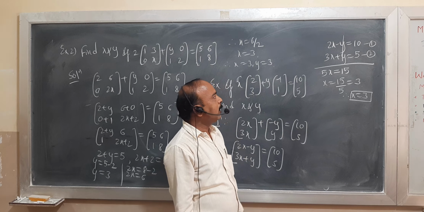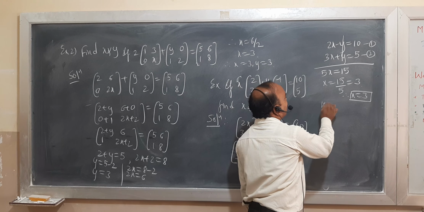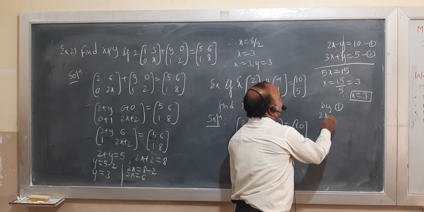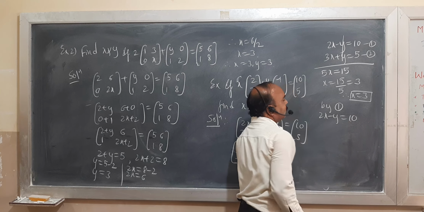Then you calculate the value of y by using equation 1. By 1, you observe that 2x minus y equal to 10. You put the value of x here, x equal to 3 got already. 2 into 3 minus y equal to 10. 2 into 3 is 6, minus y equal to 10.